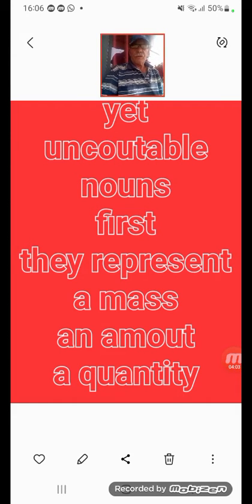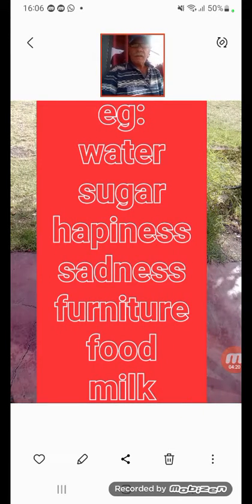Yet uncountable nouns, first, they represent a mass. They represent an amount, if you would like to say. They represent a quantity, not individual, not separate things. Example: water, sugar, happiness, sadness, furniture, food, milk.